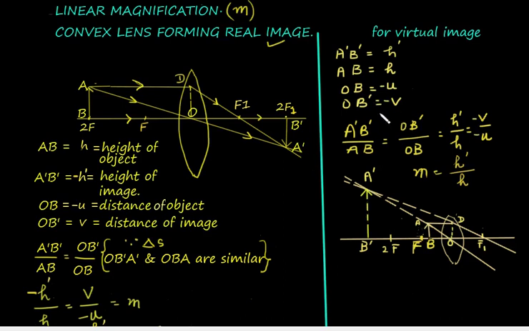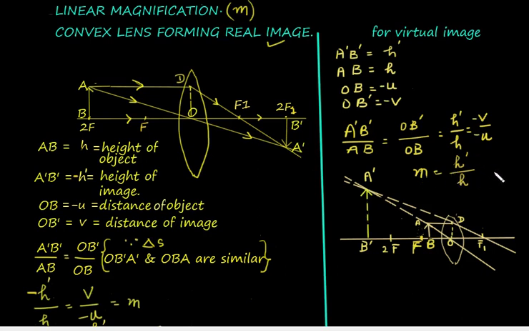OB dash also is negative here, that is it is negative v because it lies on the same side of the object and behind the object. So substituting, you get A dash B dash by AB is equal to OB dash by OB is equal to h dash by h, that is equal to negative v by negative u. Anyway, magnification for convex lens forming virtual image is positive. M is equal to h dash by h.